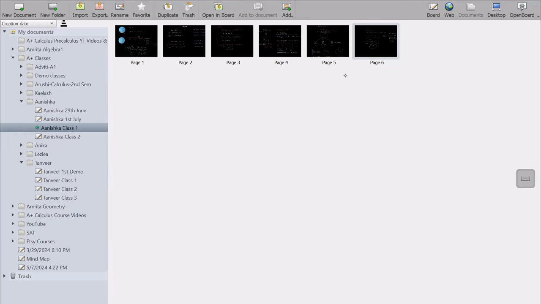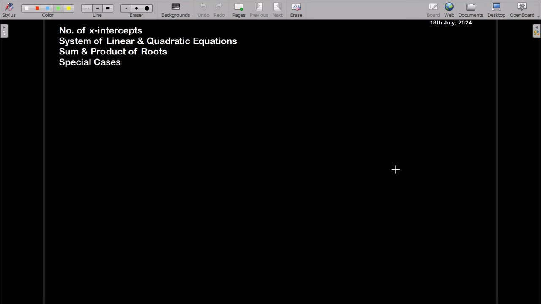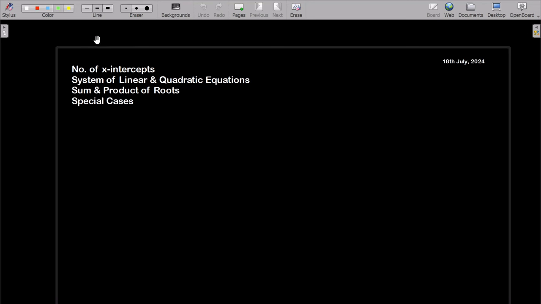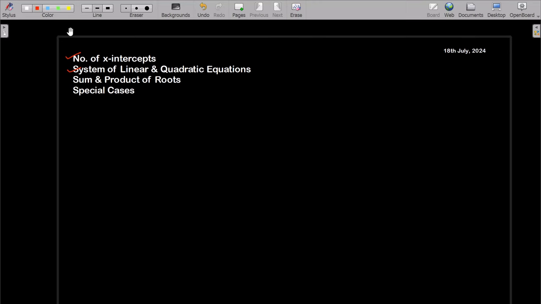Now we will extend this concept to the next concept, which is system of linear and quadratic equations. In this one, instead of the x-axis, we will take any random line. So I'll again draw 3 cases.